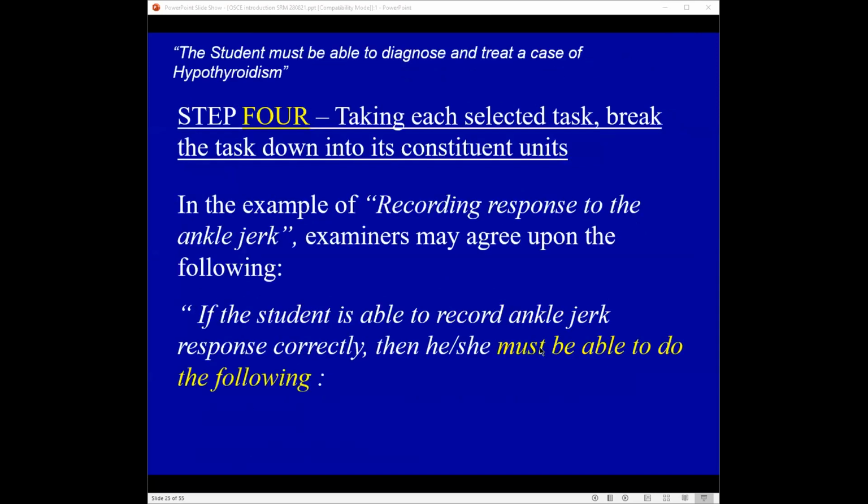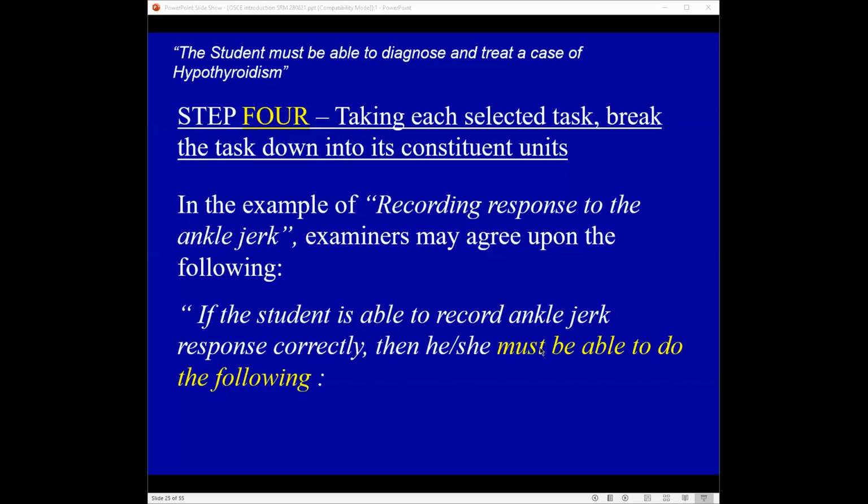Okay, having selected one task, our next step is to say, let's take that task which we have selected out of many possible tasks, and let's break this task down into its constituent units. For example, in the realm of a clinical exam, there are examiners.